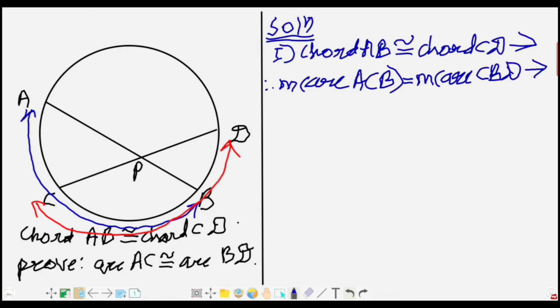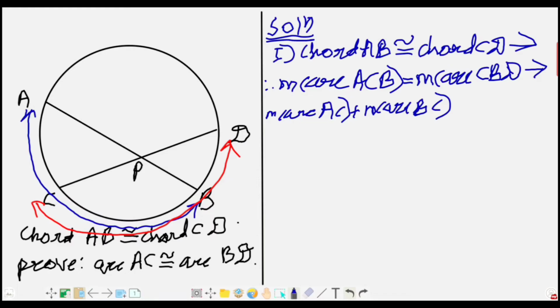So when you look at the figure, the measure of arc ACB is made up of two arcs. So we can write instead arc AC plus the measure of arc BC.